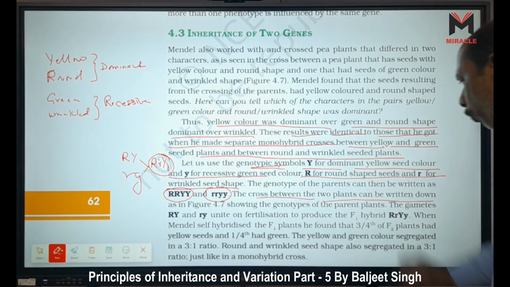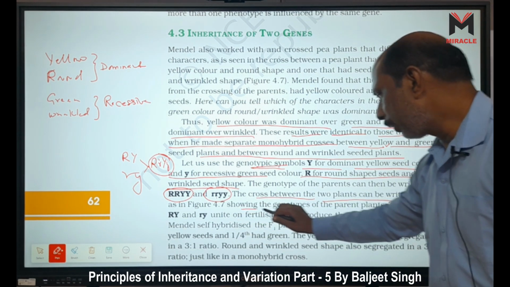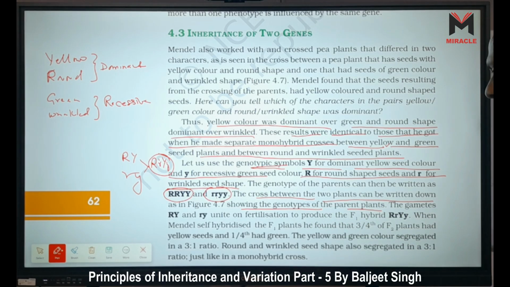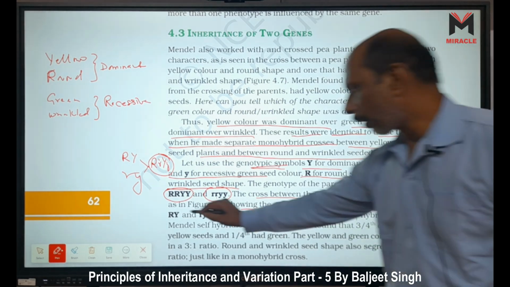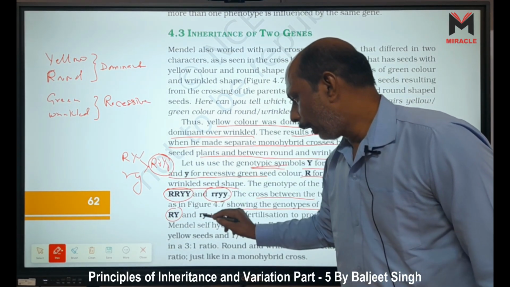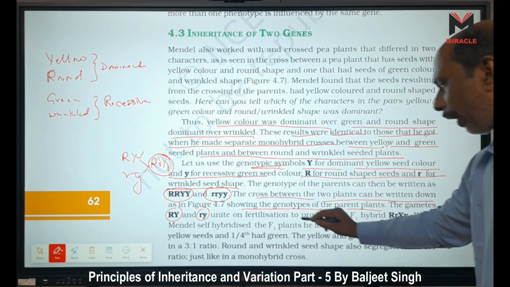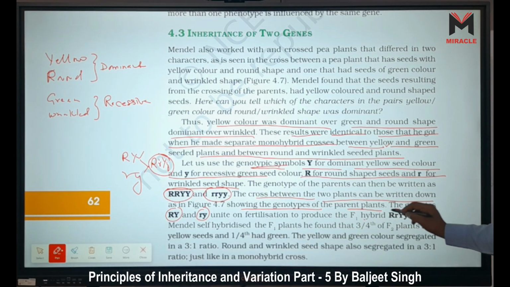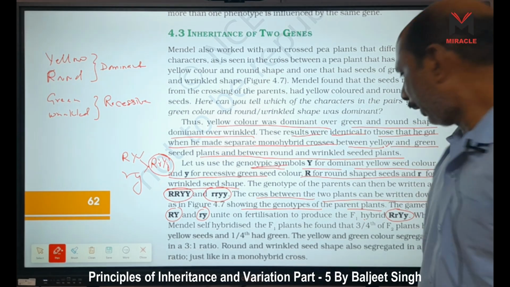The cross between the two plants can be written down here, showing the genotype of the parent plants. Parent which type? Dominant parent type, right? The gametes RY, as we write here, and small ry unite in fertilization to produce the F1 hybrid, that is capital R, small r, capital Y, small y, right?